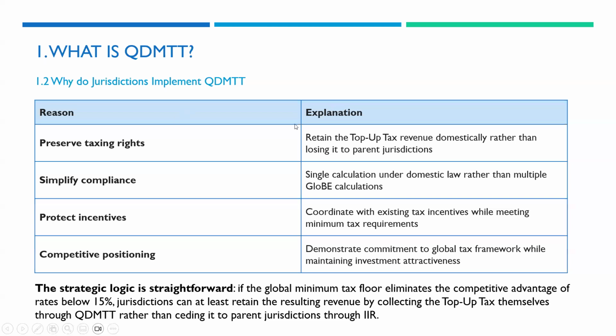You can retain the top-up tax revenue domestically rather than losing it to parent jurisdictions. It could also simplify compliance: you just need a single calculation under domestic law rather than multiple global calculations. QDMTT and IIR are basically the same calculation, so you calculate one time and go through it, and you don't need to calculate the entire thing again when you are paying IIR.